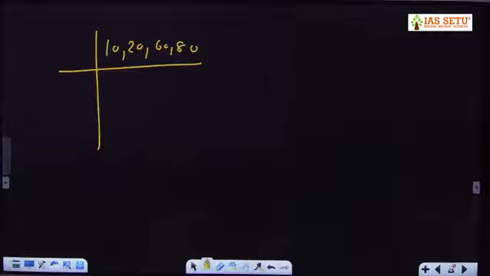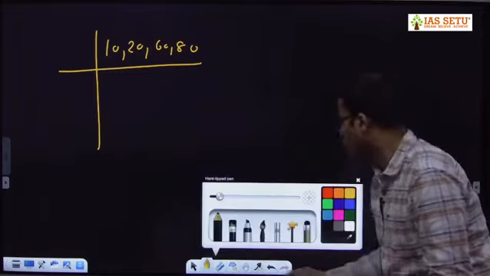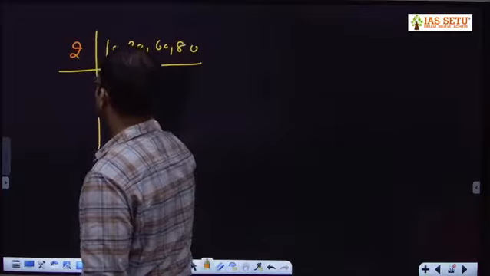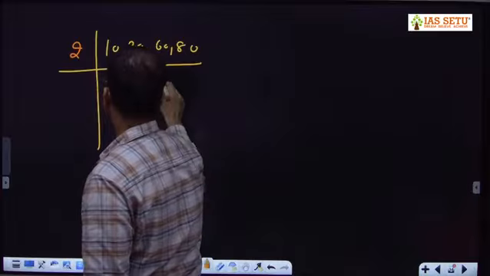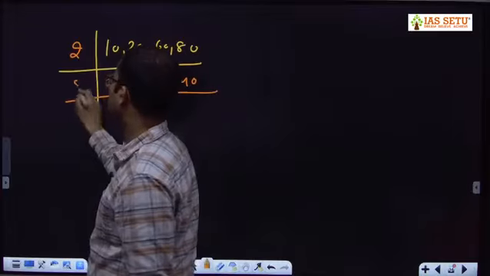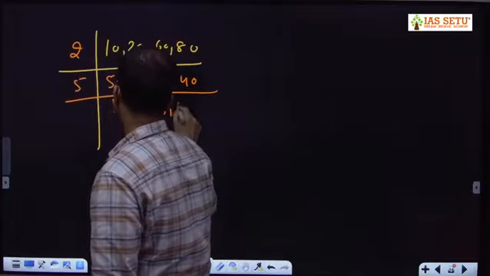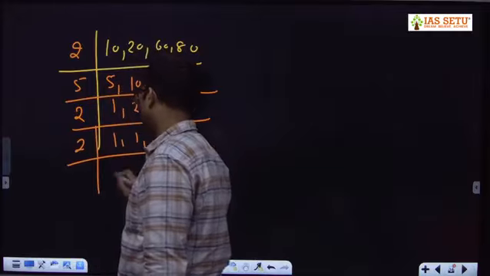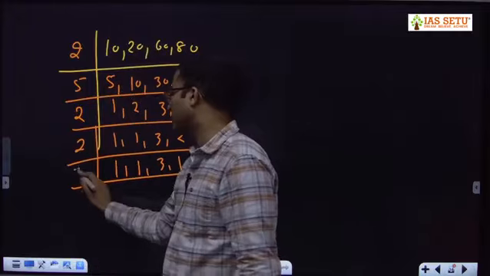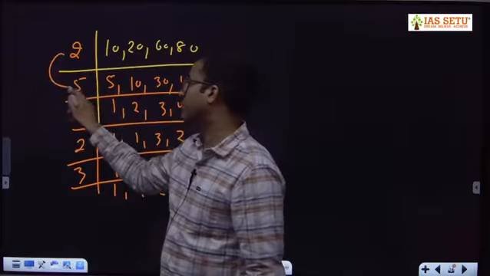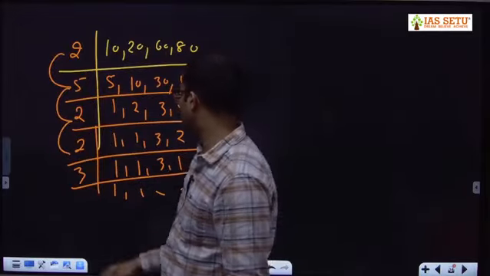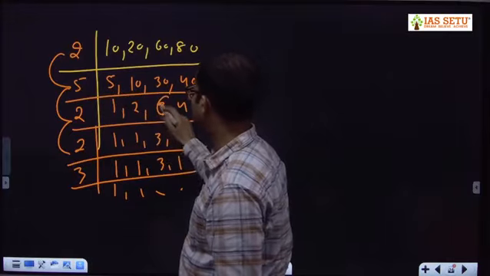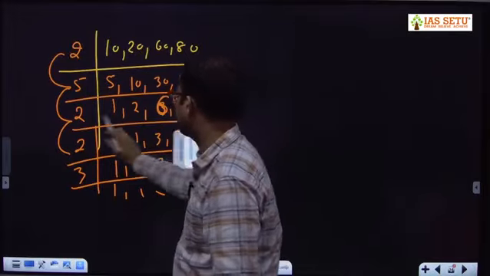क्या आंसर आ रहा है? तो you can go step by step. You can take 2 common, या सीधा 10 common भी ले सकते थे. 5, 10, 30, 40. Then you take 5 common, 1 2 6 8, my mistake.